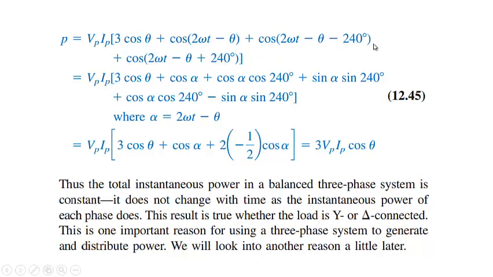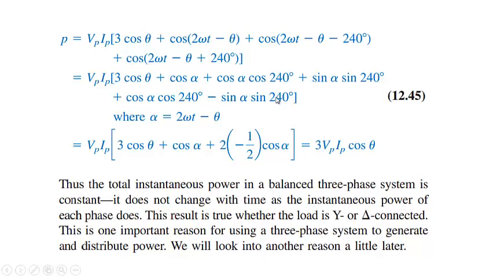When you open it up, it will be cos of alpha cos of 240 degrees plus sine of alpha sine 240 degrees, because for minus here we have plus here. And here we have plus, here we have minus. Cos of alpha cos of 240 degrees and sine of alpha sine of 240 degrees.